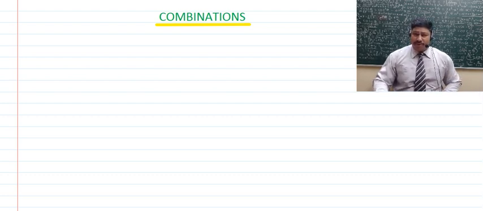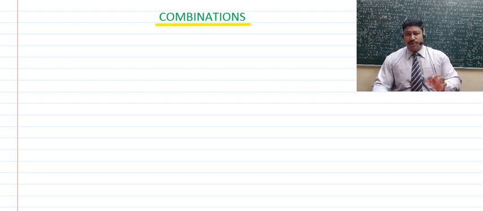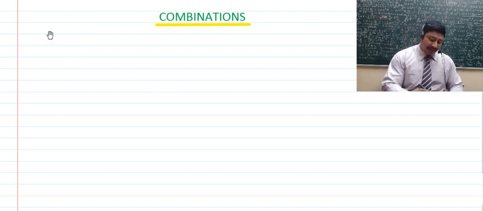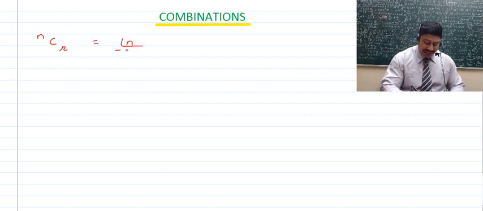Now, when we talk about combinations, let's say we have some n objects and we want to find out the combination which can be formed out of, say, r objects taken at a time. Then this is given by the notation nCr, which can be written as factorial n divided by (n minus r) factorial times r factorial.